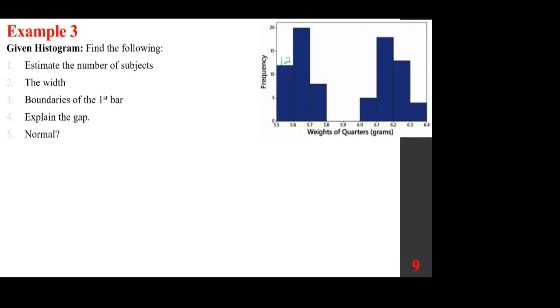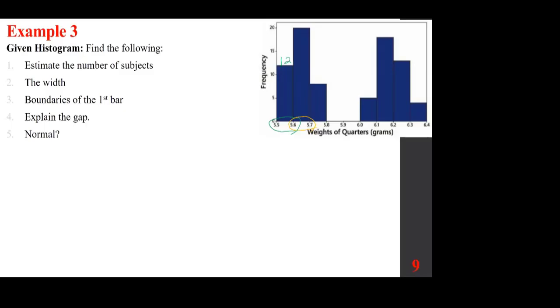What about the width? First and foremost, let's talk about the third one, the boundaries. These are the boundaries for the first class, and then these two would be the boundaries for the next class, and then you move on all the way to the end. I hope everybody is clear. So we have number 1, we have number 3 in essence. The boundaries for the first one are 5.5 and 5.6, and therefore the width is the difference between the two.